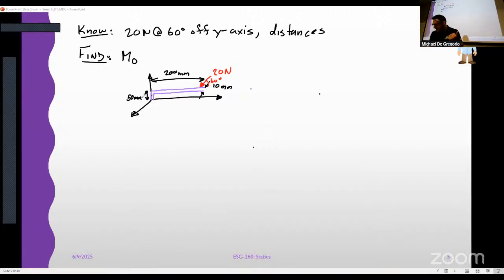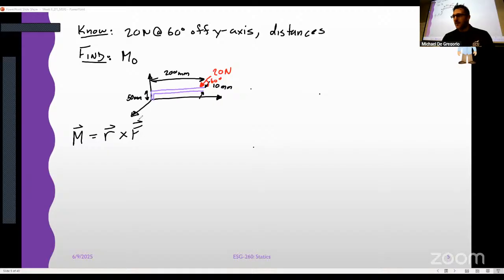Here's something interesting. How do we find the moment about a point? Well, the easy way for this one, in my opinion, is the cross product.